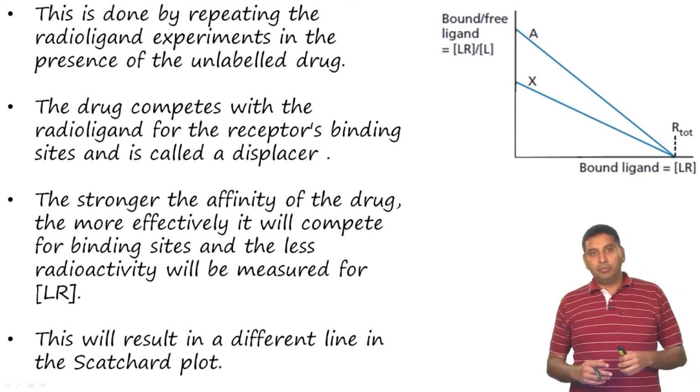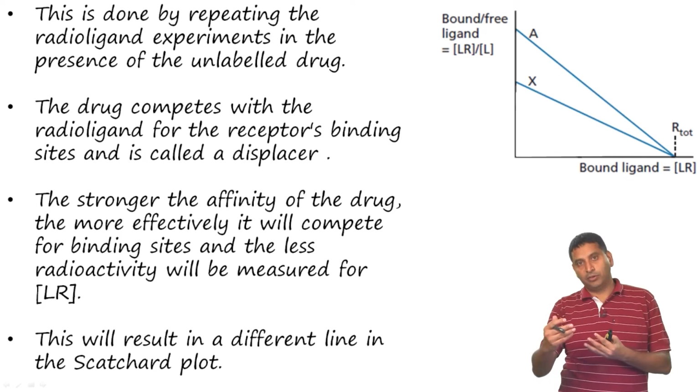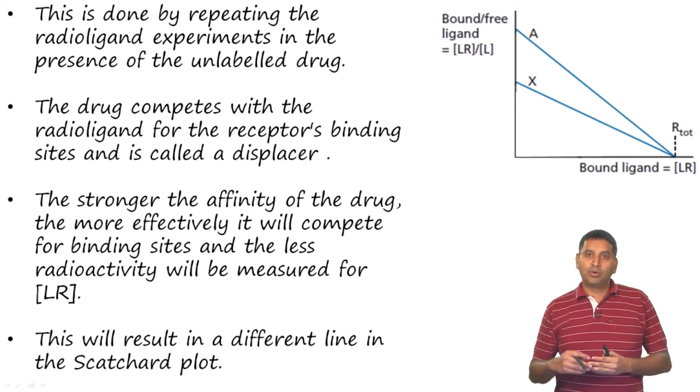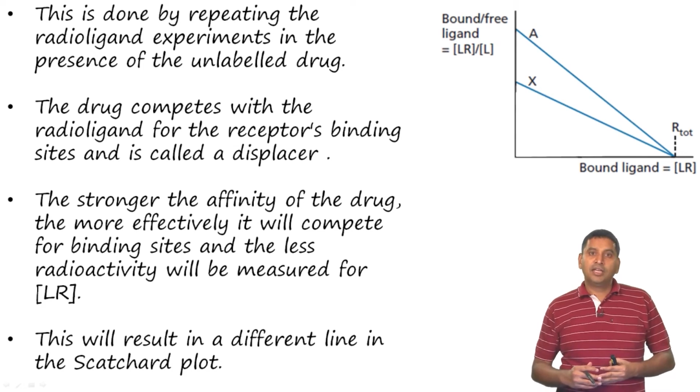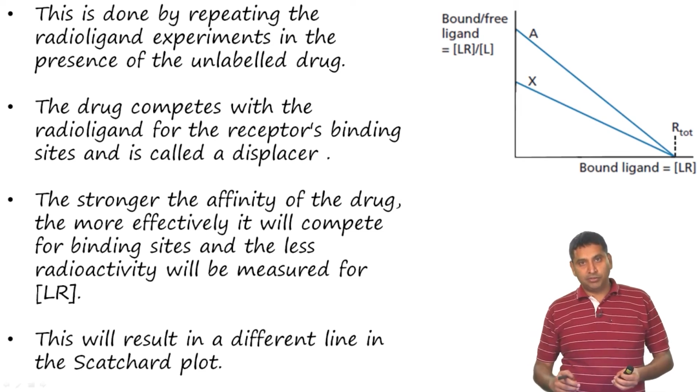Now, if you repeat this experiment in the presence of the unlabeled drug, that is, the new molecule that we have designed or synthesized and want to study the efficacy of, then if the drug competes with the radioligand for the receptor's binding site, it is called a displacer.